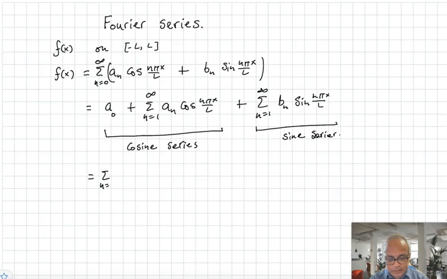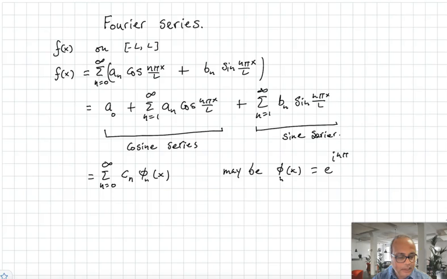So we go from n from 0 to infinity, and I can see that these sines and cosines can perhaps be combined together somehow if I choose the coefficients in a way, e to the power i n pi x over L, or maybe I can just think of a generic constant c_n and a generic function phi of n x, where phi of n x is e to the power i n pi x over L. Then e to the power i n pi x over L will give us sines and cosines.